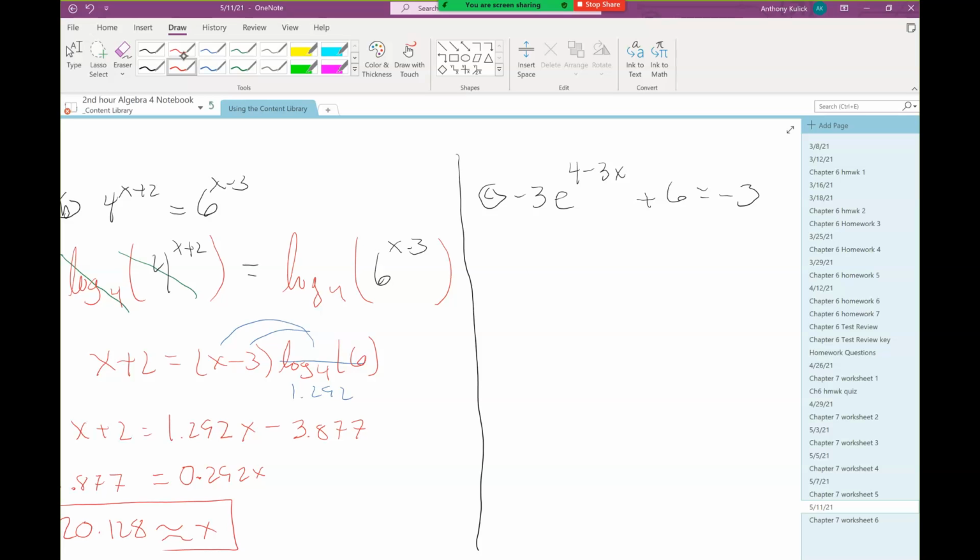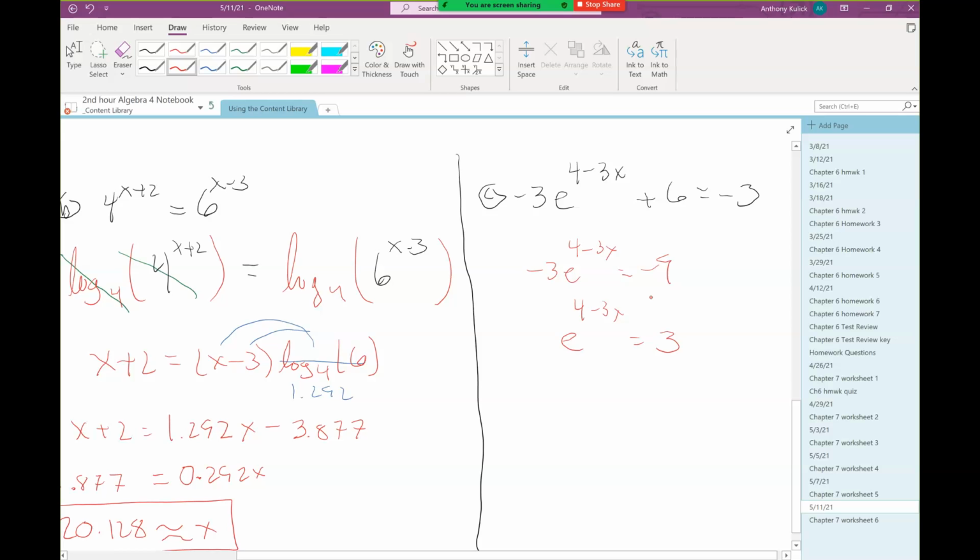And we have some other stuff that's not exponential at all, some coefficients and constants floating around here also. In a case like this, my goal is first to get the exponential part by itself. So I would subtract 6 from both sides to begin, and then divide both sides by -3 afterwards. And now the exponential part is by itself, right?